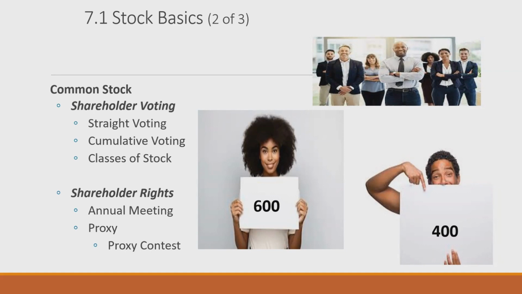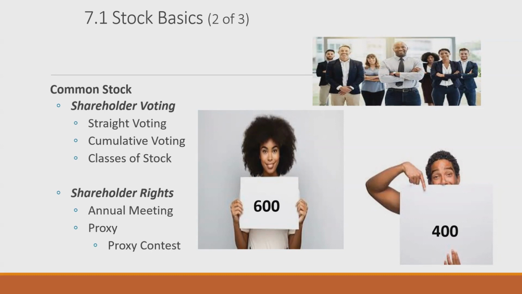To demonstrate the shareholder voting process, let's consider a hypothetical scenario with two shareholders. We have Donna and Jonathan, and they are participating in the election of 10 directors at a company. Donna holds 600 shares, while Jonathan holds 400 shares.